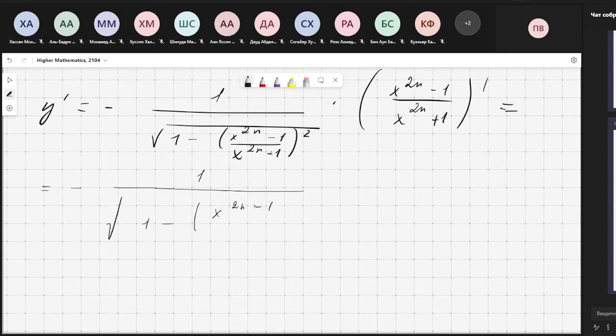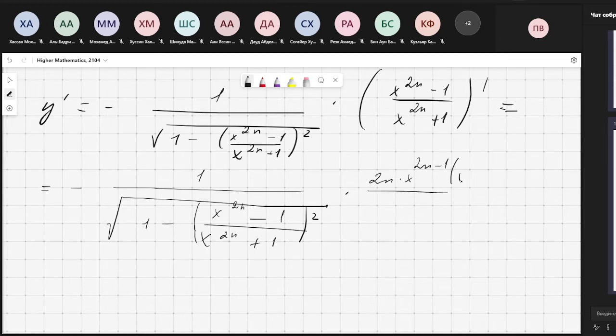Oh, sorry. Minus 1 to the 2n plus 1, squared. Multiply by the derivative of the numerator. It is 2n times x to the power of 2n minus 1.